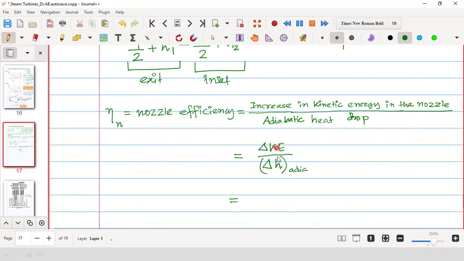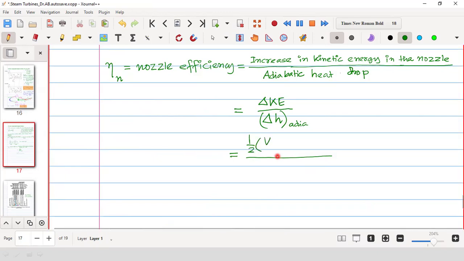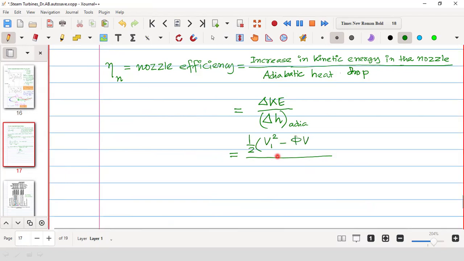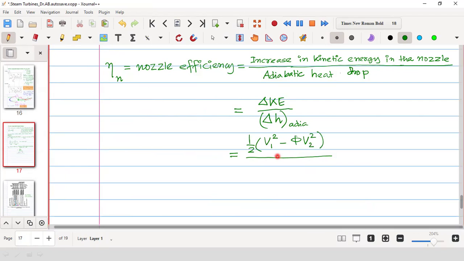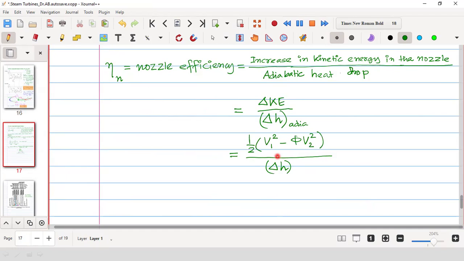So the increase is equal to V1 square by 2 minus phi V2 square by 2, that is the increase in kinetic energy in the nozzle, divided by the adiabatic heat drop.